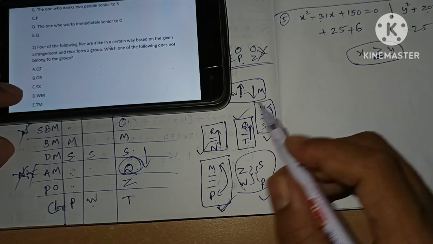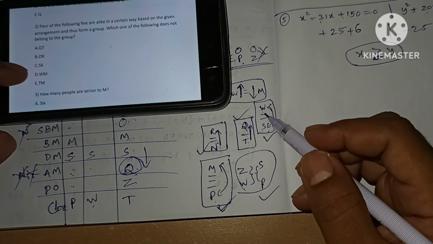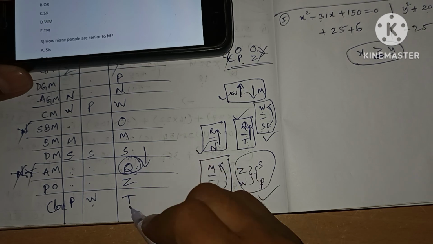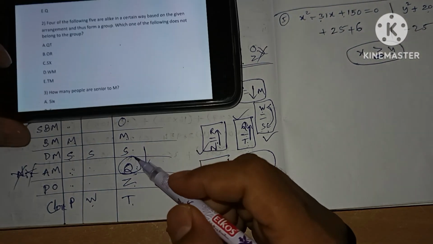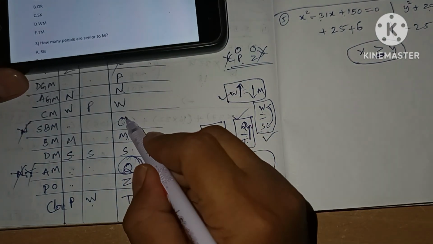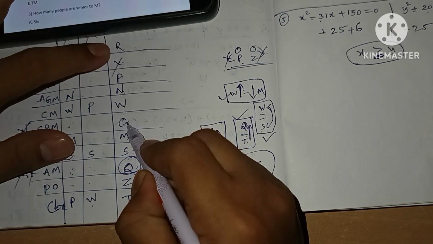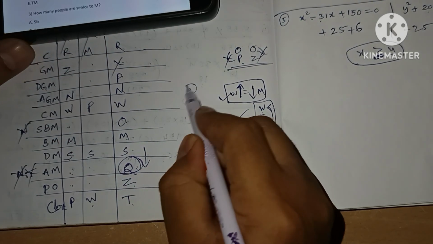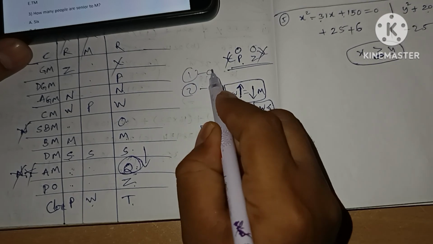Second question, 4 of the 5 are alike in a certain way. Find the odd one out. Q and T. This is Q, this is T. In between only one person. O and R. O and R. There are 1, 2, 3, 4 even people. So the second one has even. First one has odd.